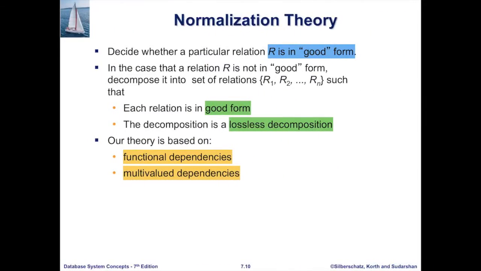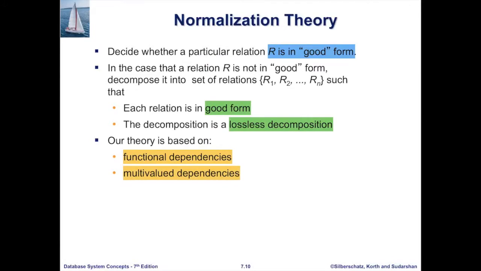So formally, this is what we call the normalization theory. Since we already know that if we have a relation that is not in good form, what we need to do is to decompose, the normalization theory formalizes what we need to do.